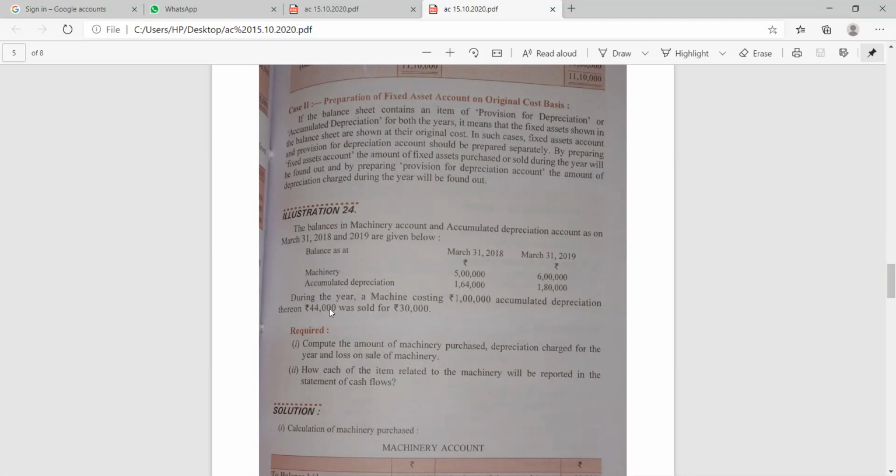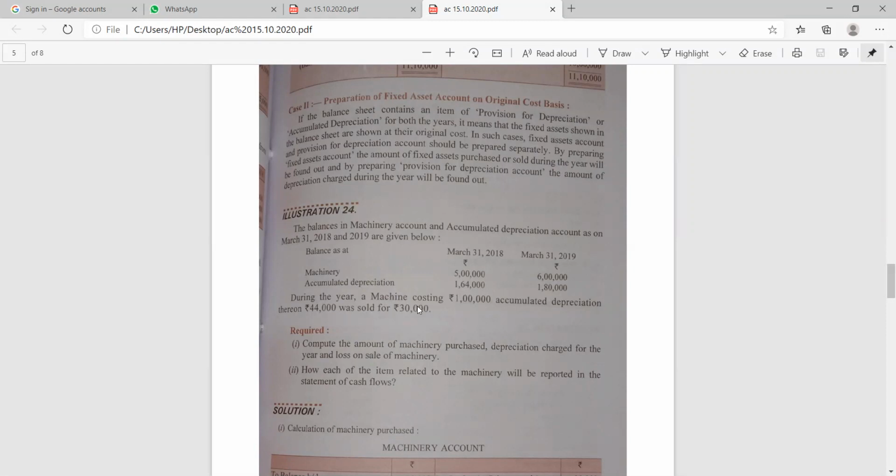Please mark this point. The accumulated depreciation that is given below the amount of machinery is the depreciation related to the whole machinery, while the accumulated depreciation of 44,000 given over here is related to that part of the machinery costing rupees 1 lakh that is sold for rupees 30,000.